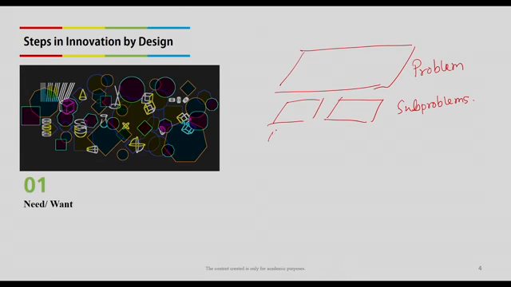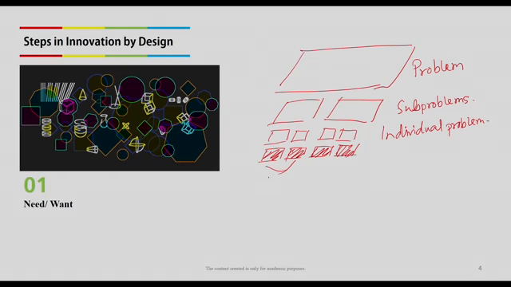And then sub problems into individual problems. Now, these individual problems are smaller and easy to solve. So, then we will have individual solutions.